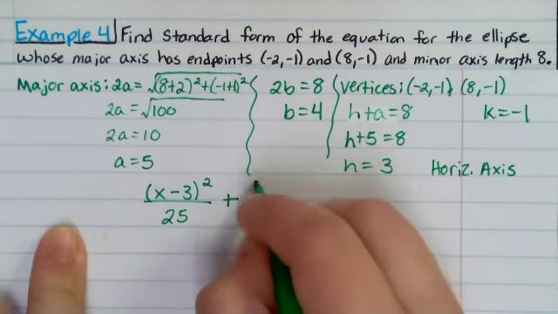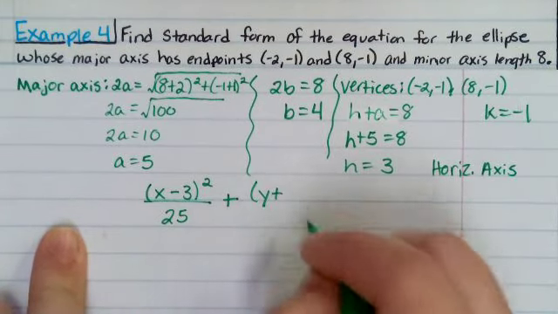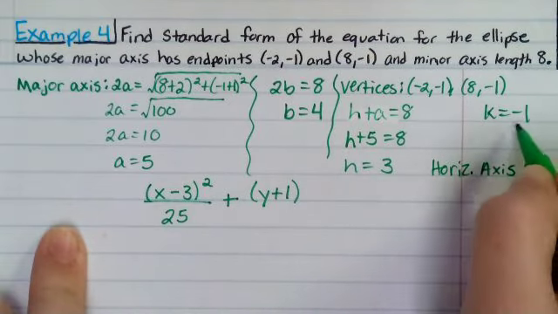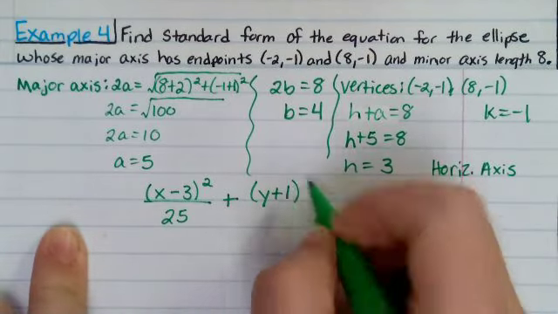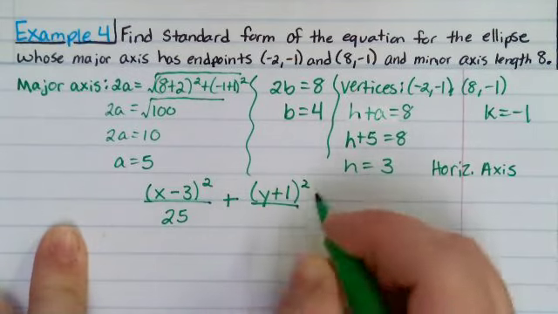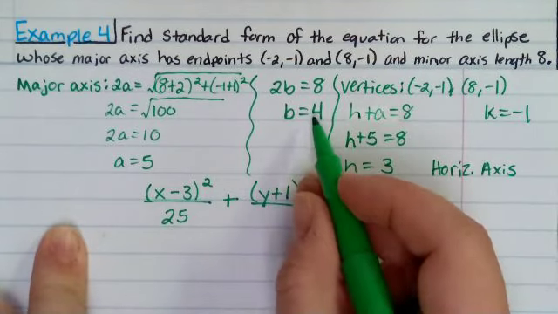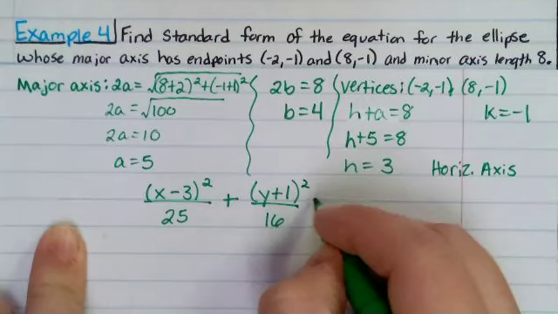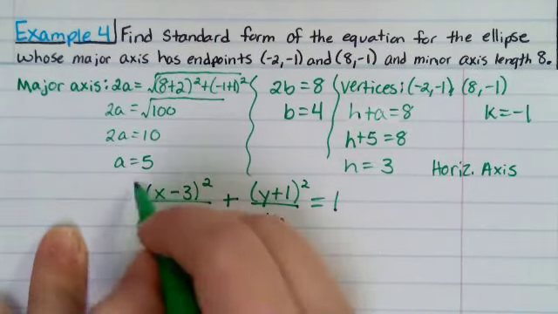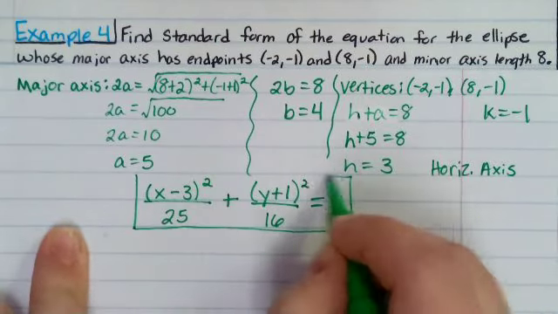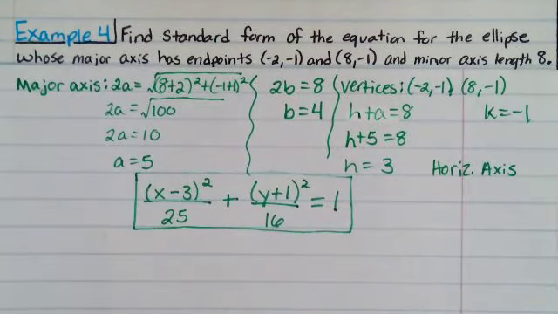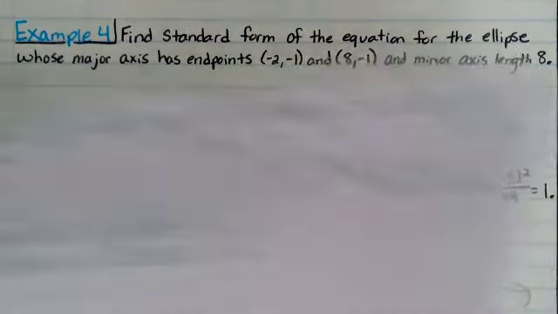Then we have plus y plus 1. If k was negative 1, this is y plus 1 over b squared. b was 4. 4 squared is 16. This is equal to 1. So it's just piecing together all those puzzle pieces to get that equation. Ta-da! All right.